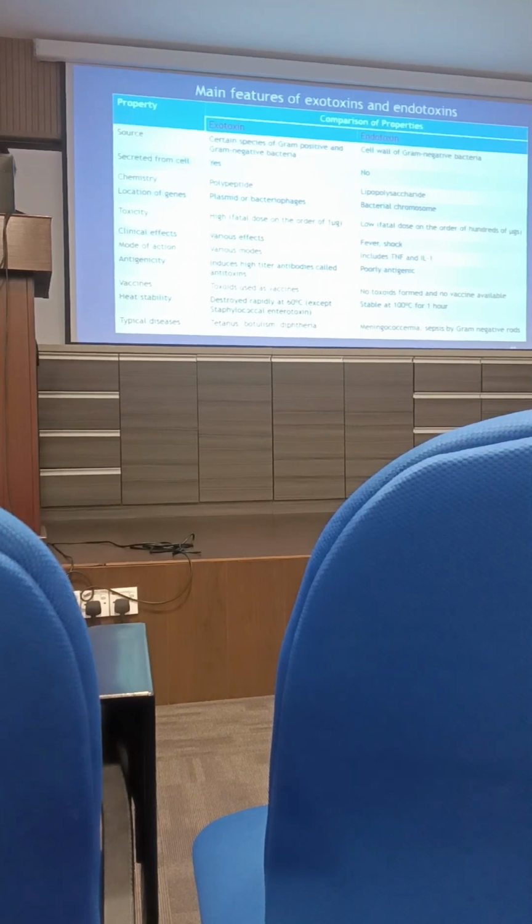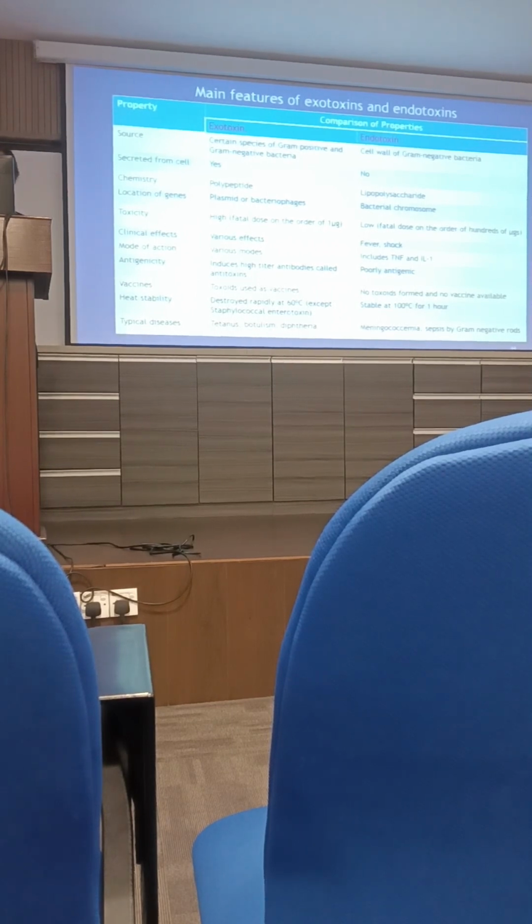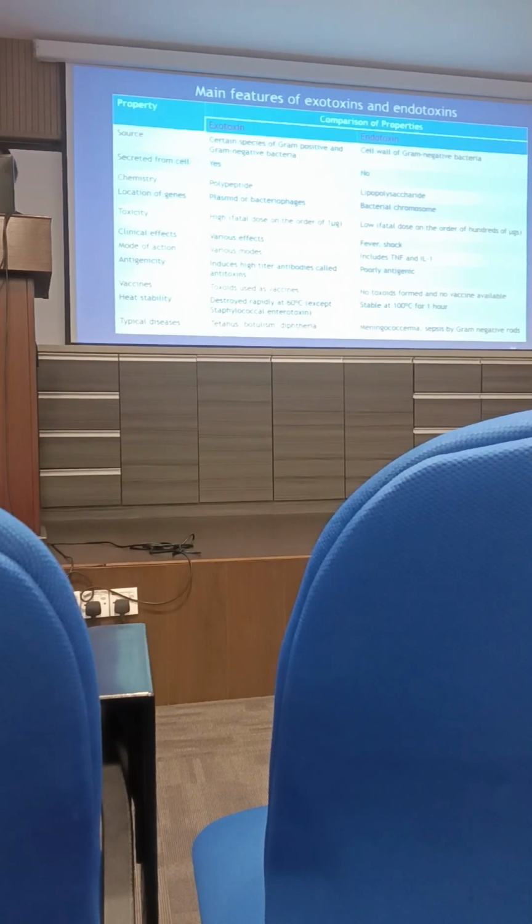Heat stability, exotoxin is destroyed rapidly at 60 degrees except for staphylococcal enterotoxin. So it can be destroyed with high temperature except for the enterotoxin or exotoxin of staphylococcus, whereas endotoxin is stable at 100 degrees for up to 1 hour.